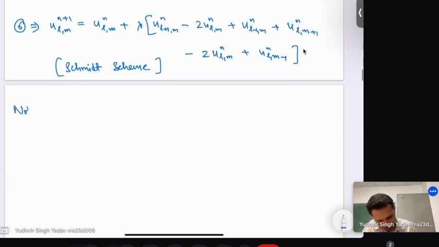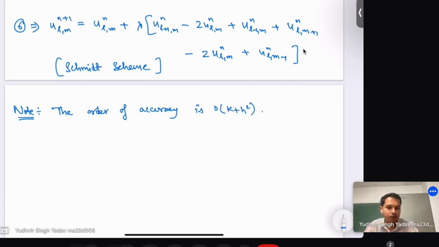Now one can take note here that the order of accuracy is of k plus h square, as we have already seen in our previous tutorial, while we tried to find the truncation error and the order of accuracy for the schematic scheme.